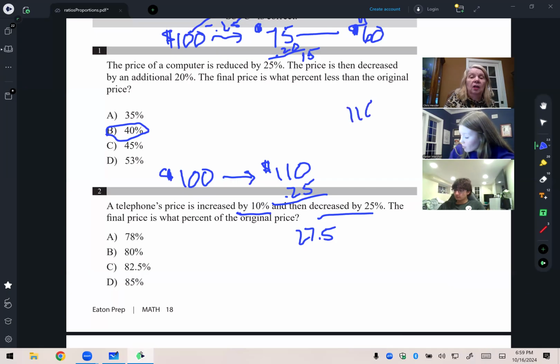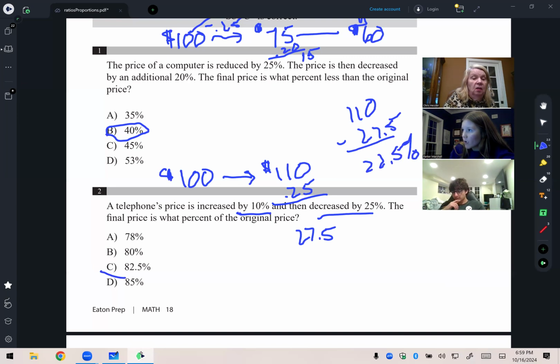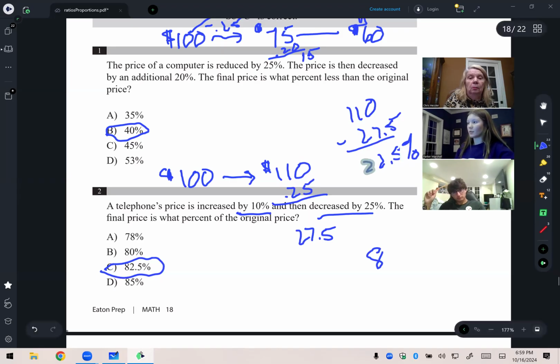So 110 minus 27.5, it's going to go down to 82.5, which is our answer. We compare that to the 100.